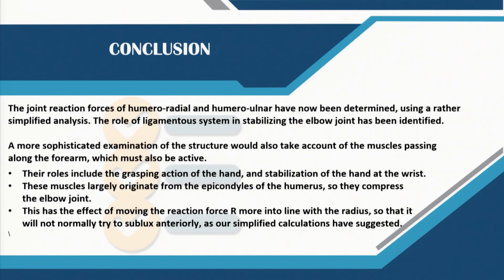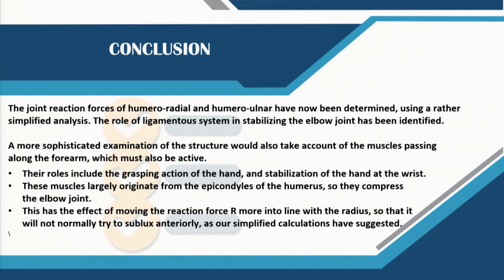So, let us come to the conclusion of this lecture, both part 1 and part 2 together. What did we learn from the biomechanical analysis of the elbow joint? The joint reaction force, both humeroradial and humeroulnar separately, has now been determined using a rather simplified analysis.